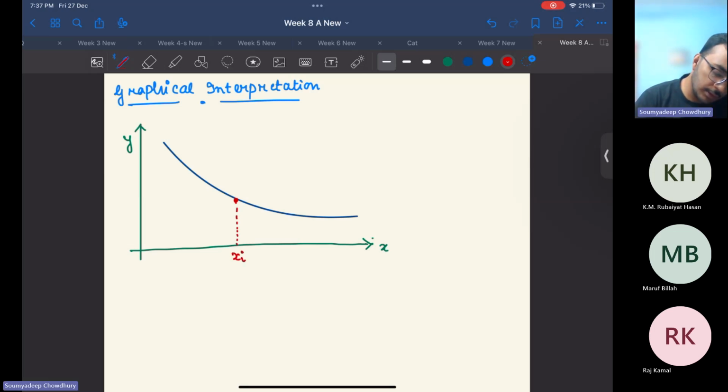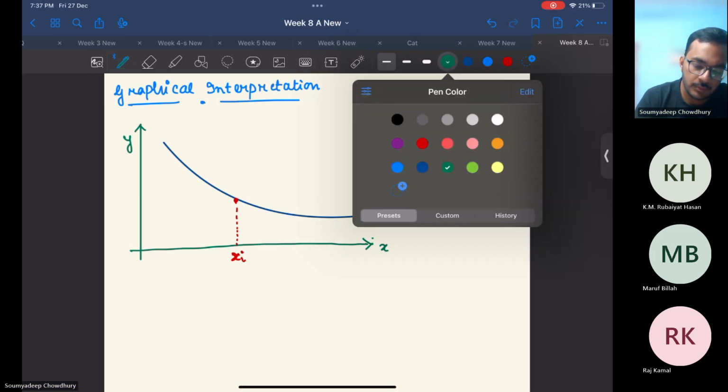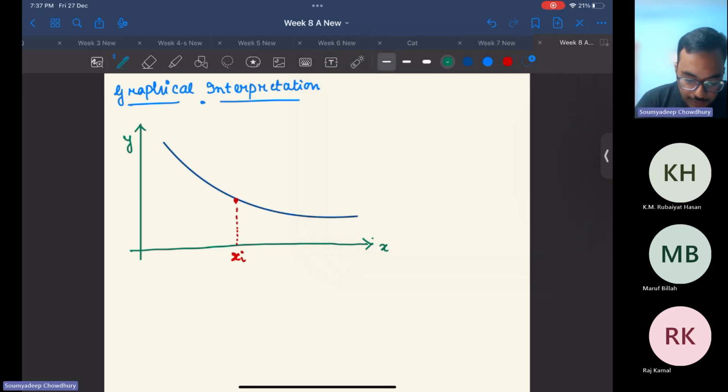At xi. Okay. Now, if we forget numerical differentiation and are asked to find the slope of this function at that point, graphically we draw a tangent at this point, right? That's how we find the actual slope.